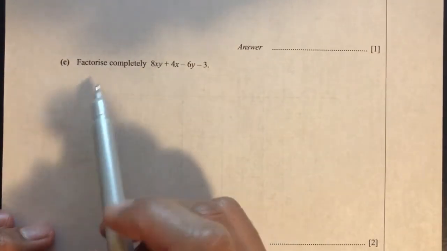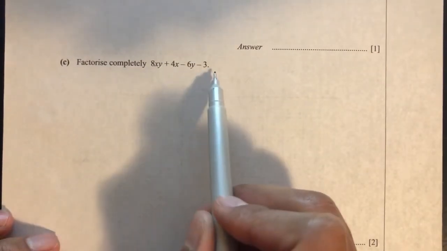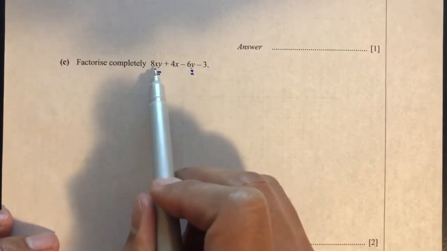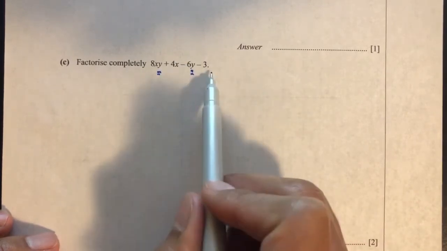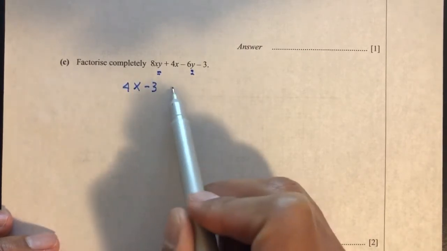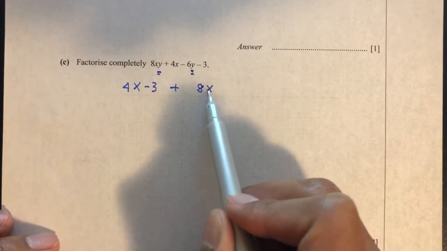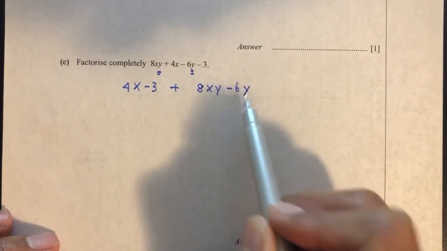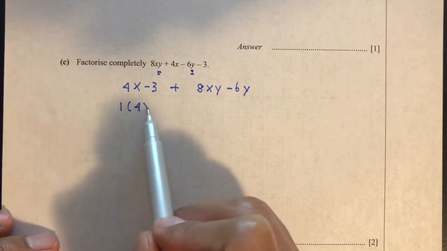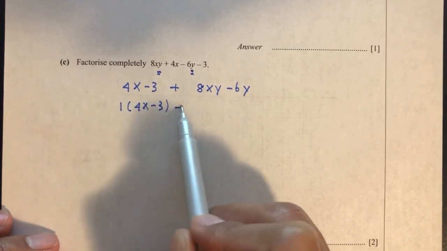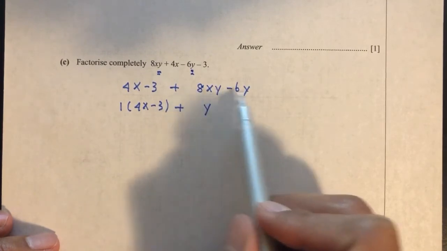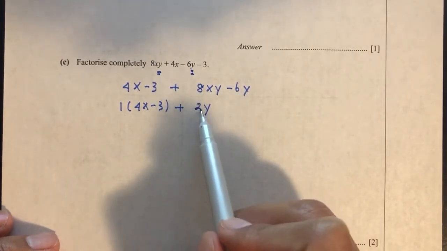So now moving on to part C. Factorize completely. We see y here and y here. So we take these two to one side and we take the remaining to one side. So we have 4x minus 3 plus 8xy minus 6y. This is actually 1 times (4x minus 3) plus, for this one, we take y out and then we can take 2 out.